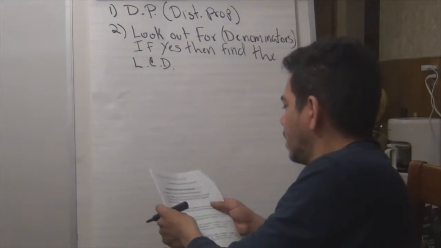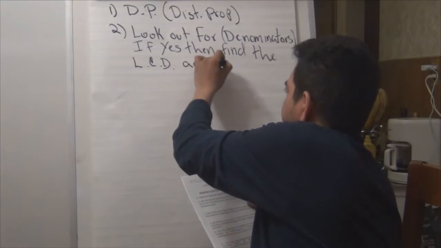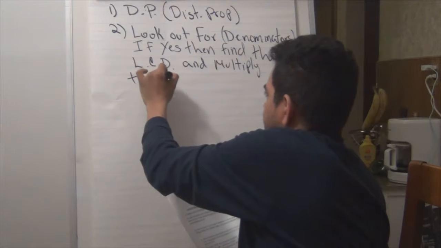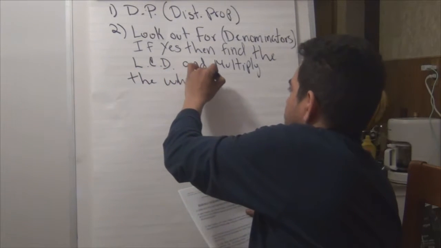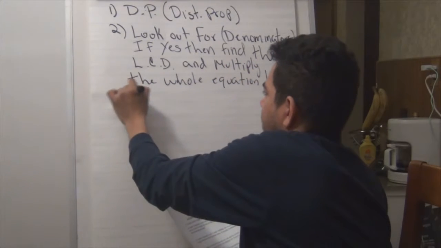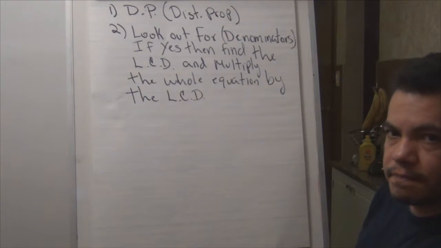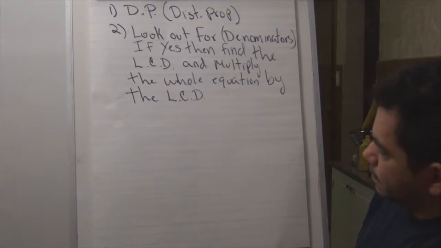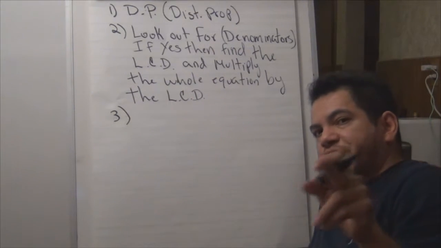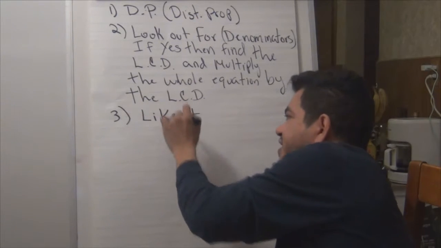All right. And multiply the whole equation by the LCD. Number 3. Check for like terms. Lettuce and tomatoes. Check for like terms. I'm not saying that there will be like terms.